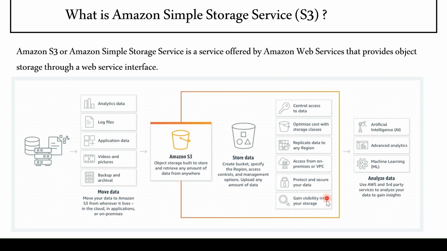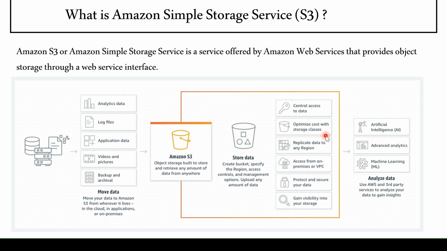And we can upload any amount of data inside the S3 bucket. Now, here are some features of the S3 bucket. First is controlling the access of the data, then optimizing cost with storage classes. S3 buckets come with different storage classes based on our needs, based on the data accessibility, and based on the budget.